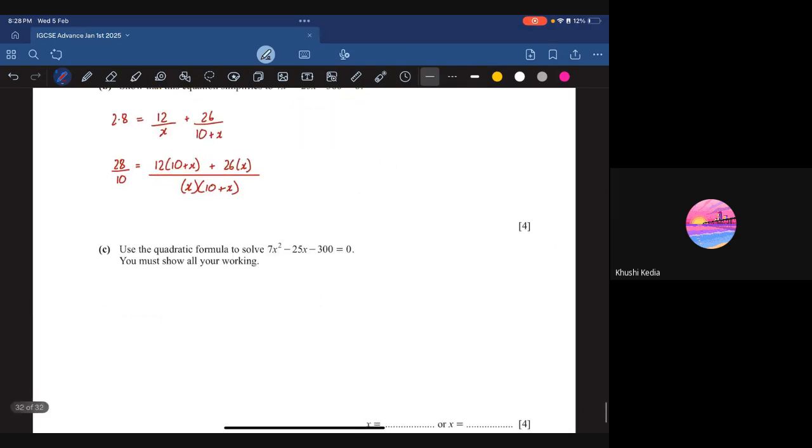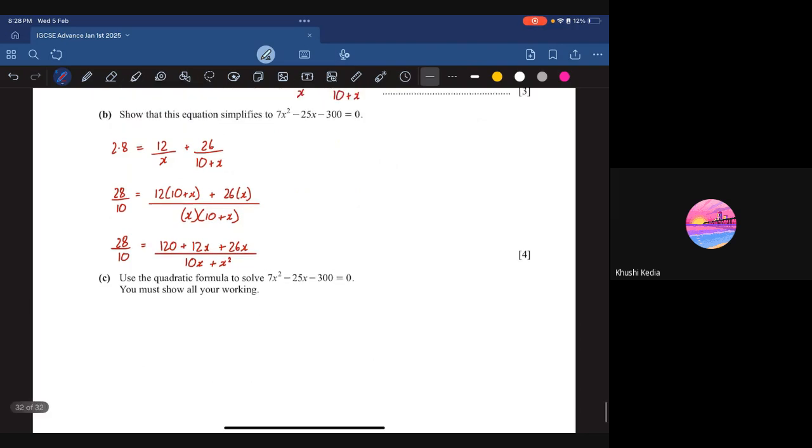Clear? Then what's going to happen is that you're going to have 28 over 10. And if I simplify it on the other end, it's going to be 120 plus 12x plus 26x over 10x plus x squared. Then you're going to obviously cross multiply.